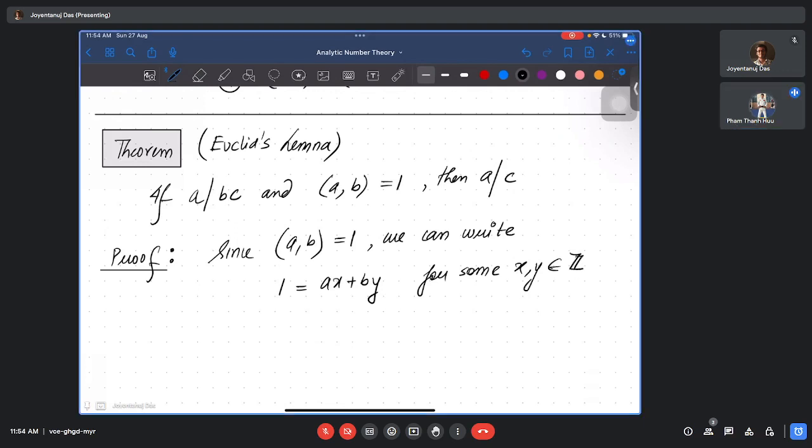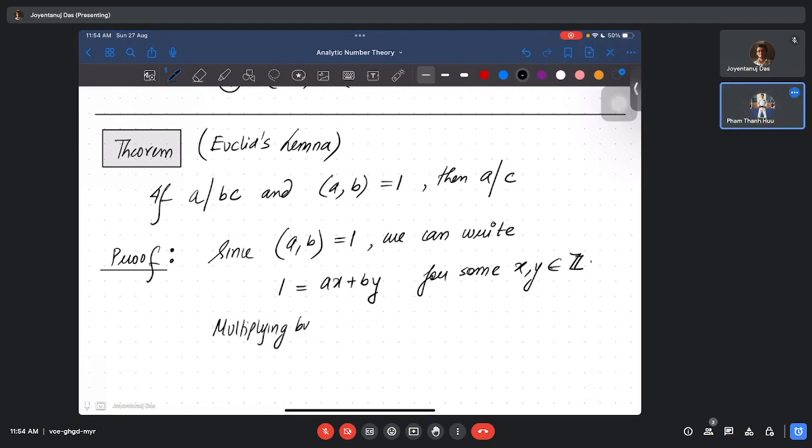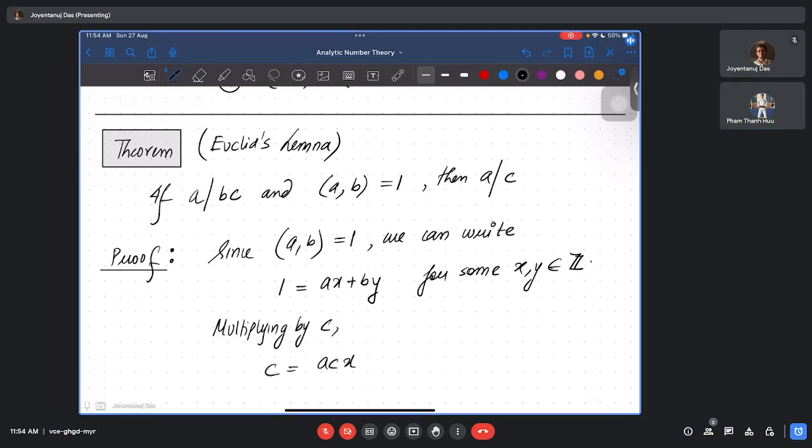Now we can just multiply with C on both sides. So I get C equals ACX plus BCY.